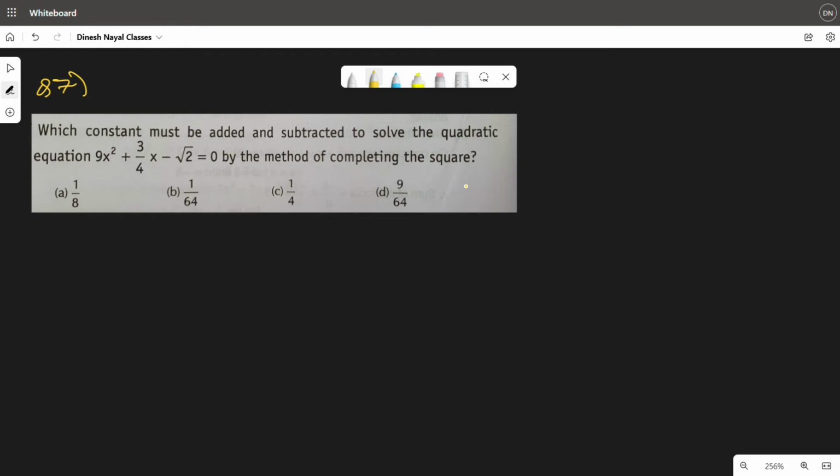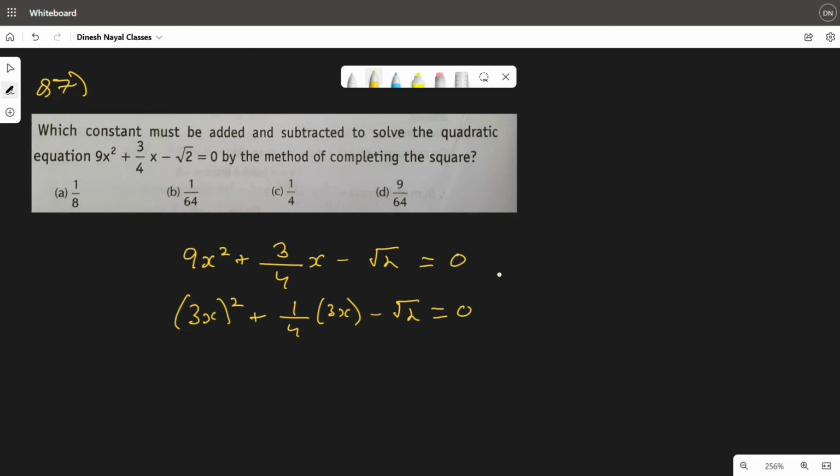First of all, we know that it is half the coefficient of x and then we square it. The equation given is 9x square plus root 3 by 4 x minus root 2 equals 0. But we have to convert it into that form in which the square term's coefficient is 1. So you can write this as 3x whole square plus 1 by 4 into 3x minus root 2 equals 0.